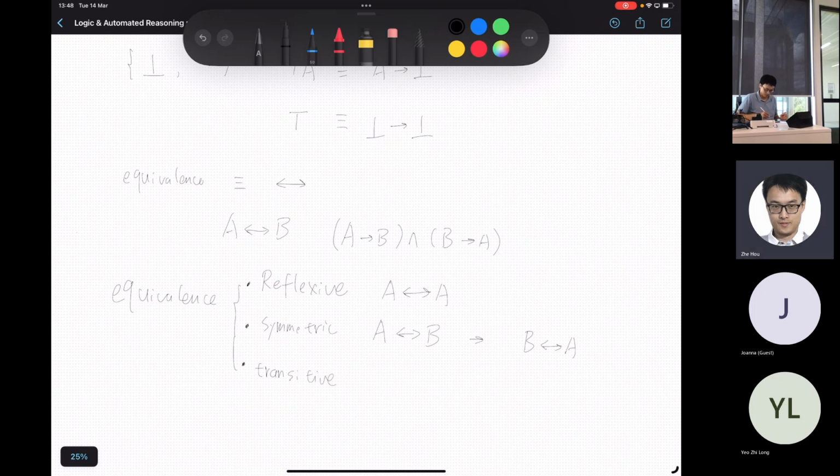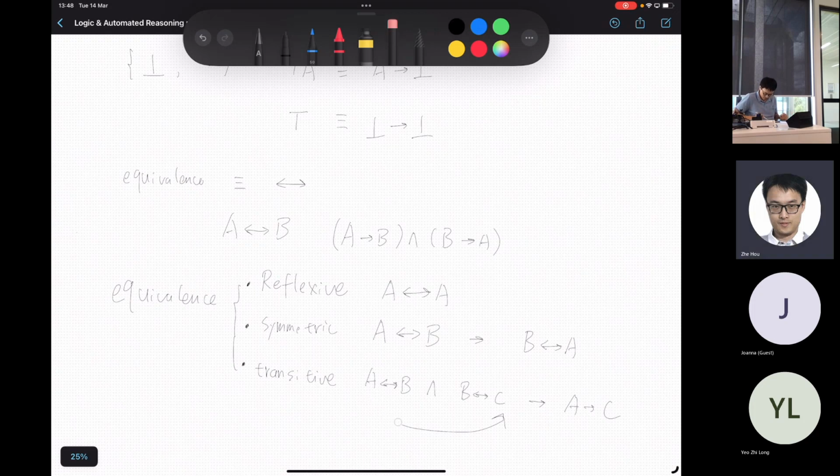Transitive means if A is equal to B and B is equal to C, then you derive that A is equal to C, because the relation transits from A to C through B. It's transitivity.